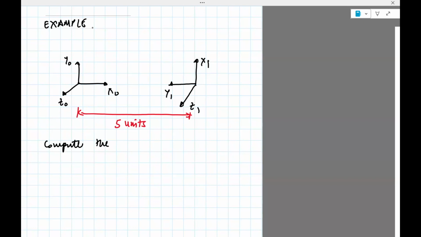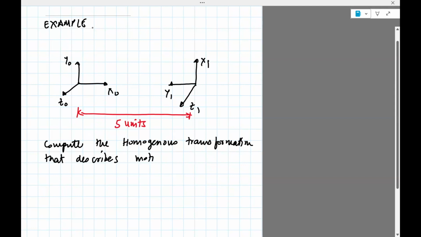Compute the homogeneous transformation that describes from frame 0 to frame 1.